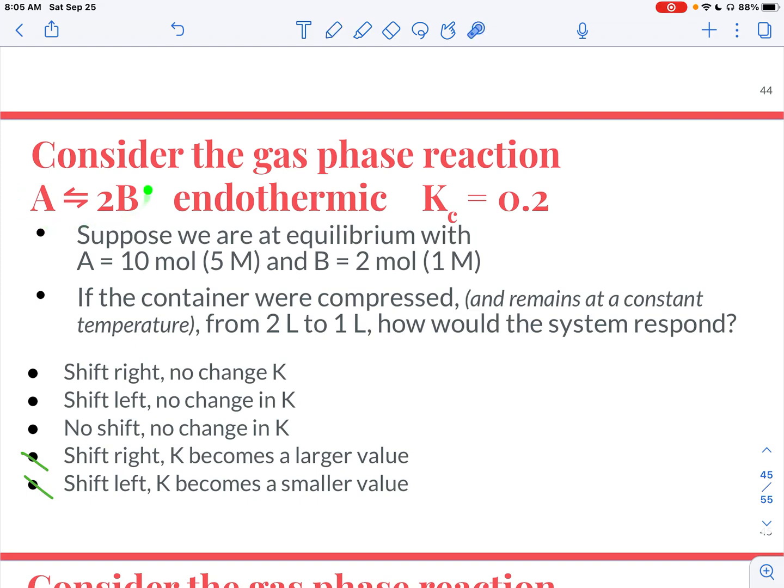Here we have a gas phase reaction, so we know that both of these are gases. So if you increase the pressure, or decrease the volume and therefore increase the pressure, the reaction will shift to the fewer moles of gas. Because we have 2 moles of gas here and 1 here, the reaction is going to shift to the left.